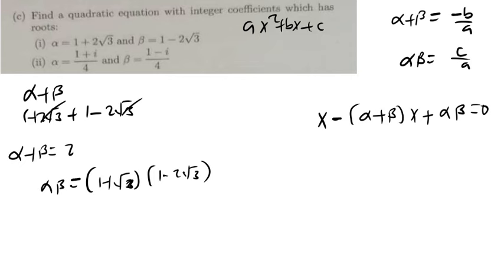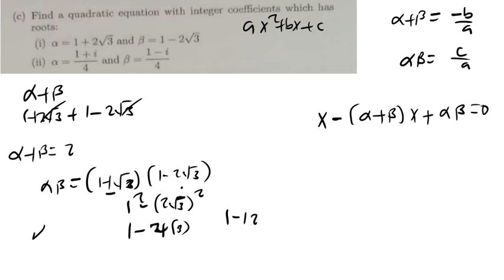Remember, we've been doing this for so long, guys. This is the conjugate of that. Square the one not having the negative, so I'll square this. The answer would be 1 minus 4 times 3, which is 12. So it would be 1 minus 12, which is negative 11.